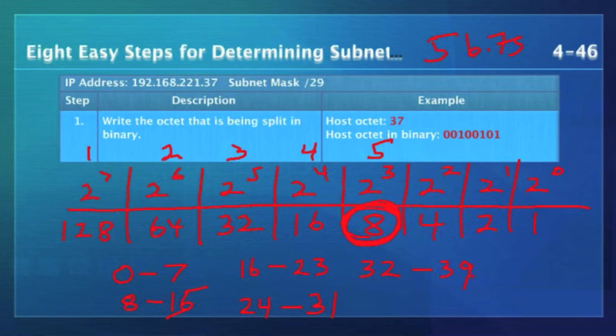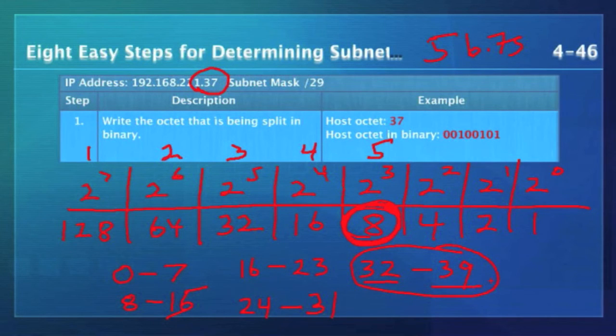Wow. So look at this. Our address 37 must live on this subnet. And that's exactly where it lives. It lives on the 32 subnet. The last usable address is 38.